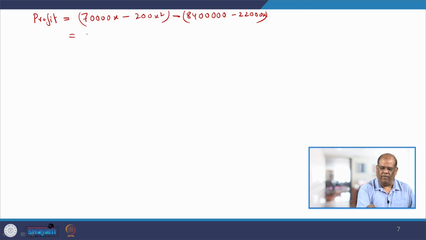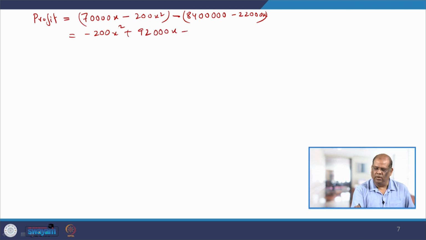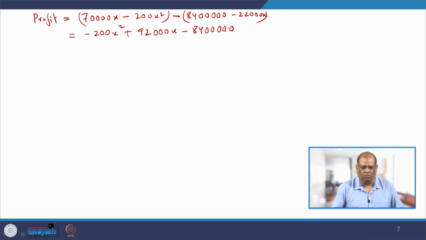And if this is simplified, this is minus 200x square plus 92,000x minus 84,000,000.